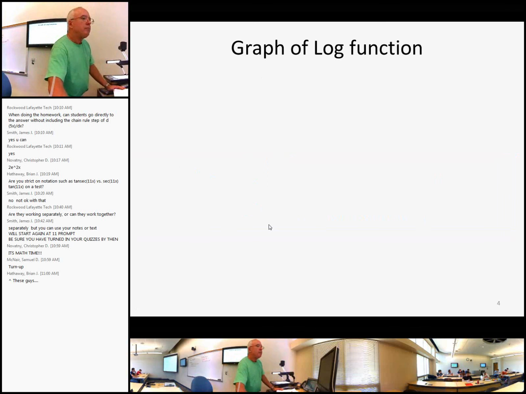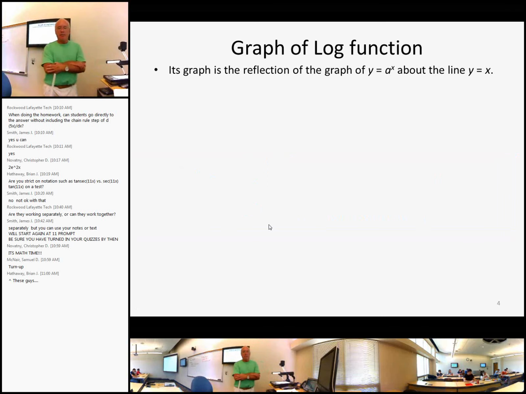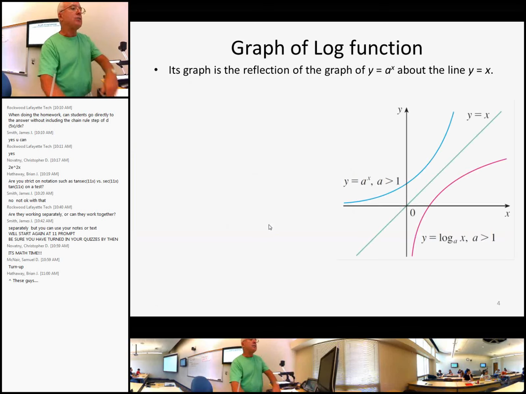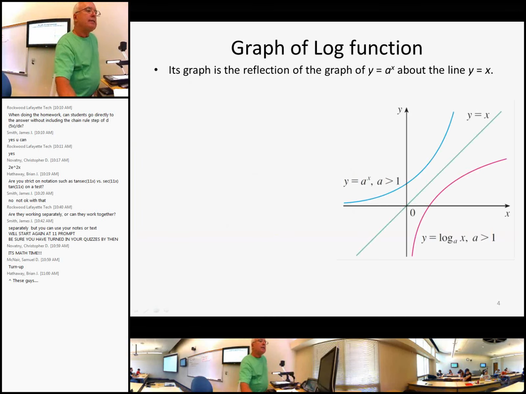All right. Let's look at what the graph of this function looks like. Because it is the inverse of the exponent function, its graph is the mirror image around the line y equals x. Let's assume that our base is bigger than 1.